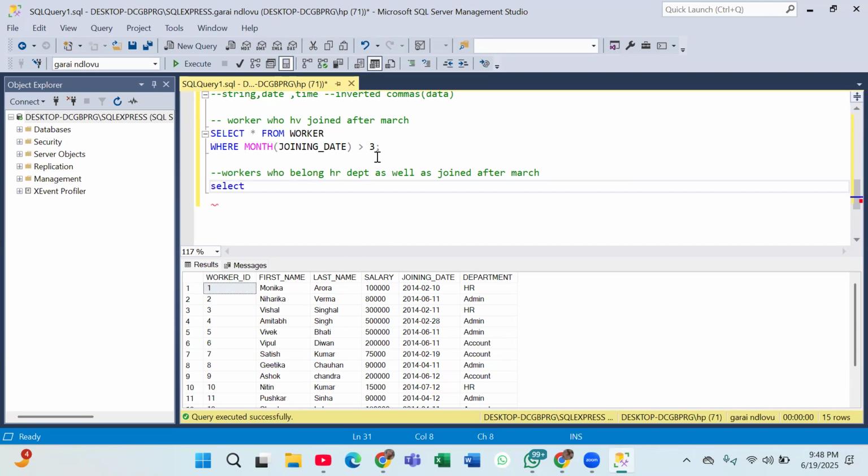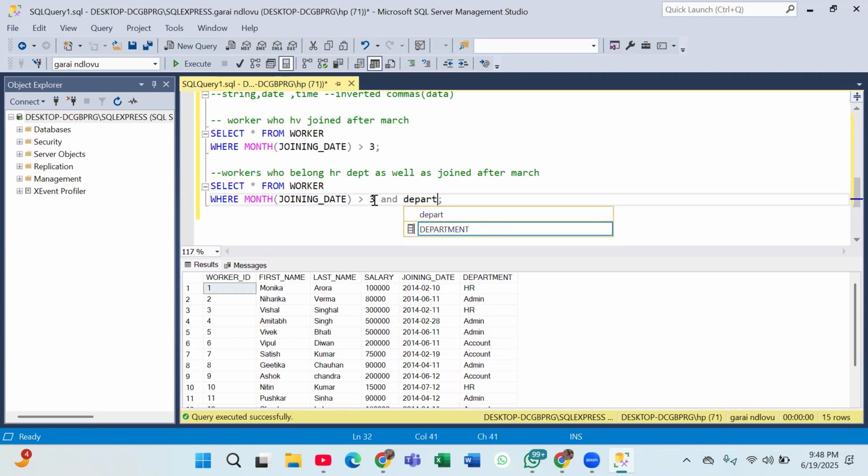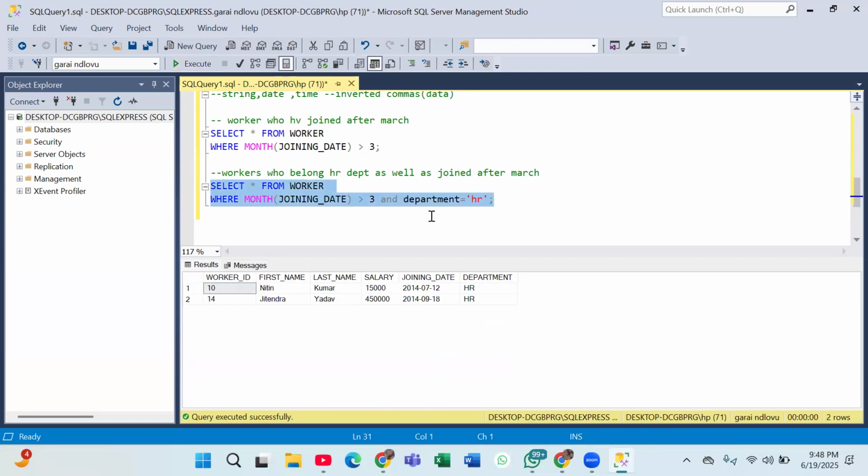I want to have everything where it belongs to March and department because I want to fulfill both the condition. That's why, and department equals to HR. We have discussed about that in our DML class, right? This and or, correct? If I'm not wrong. Okay. Good, Samrat. So everyone is clear about where clause now, right?